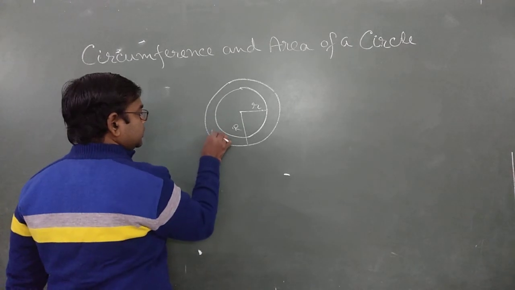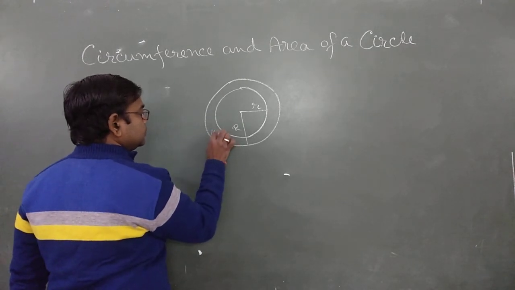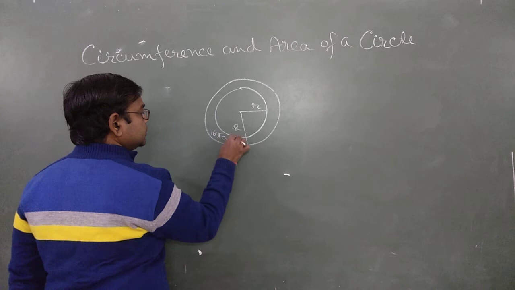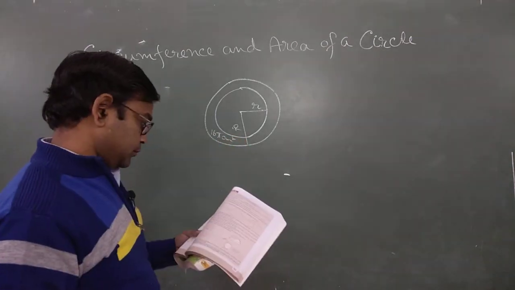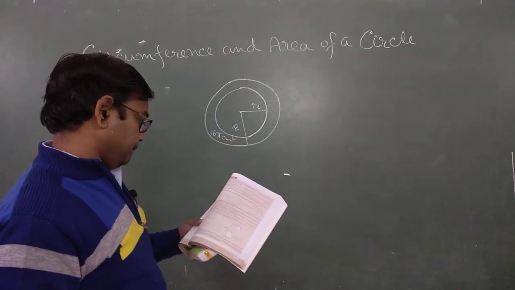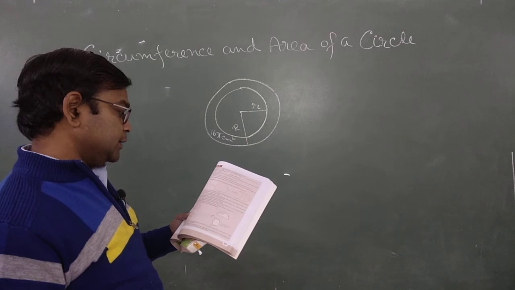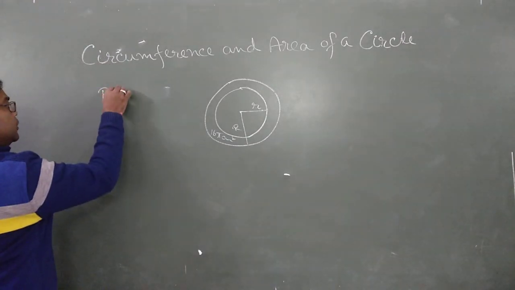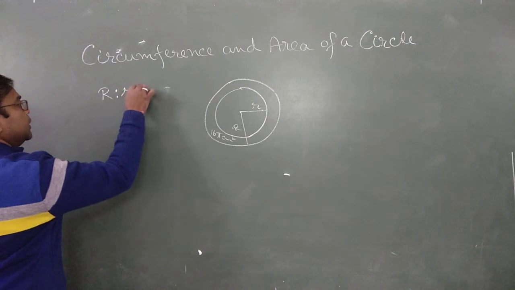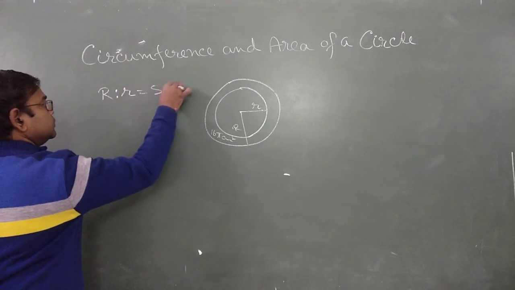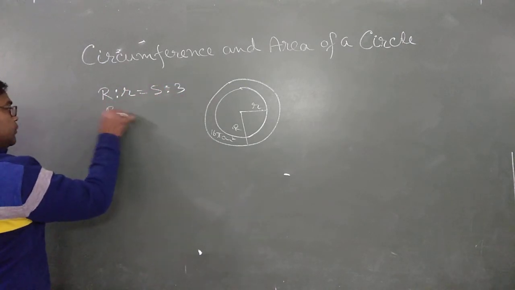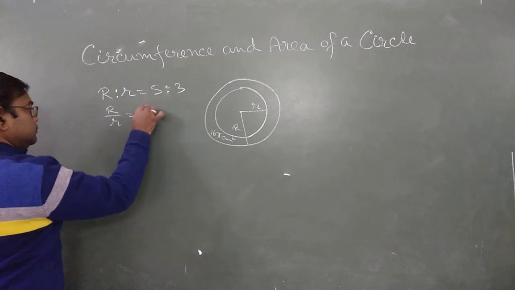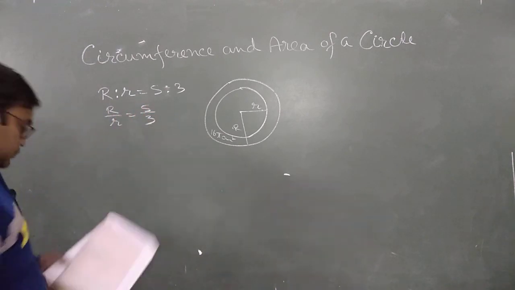This is the area. And their radii are in ratio 5:3. Means what? Small r to capital R is this one. So from here we can write down this one.